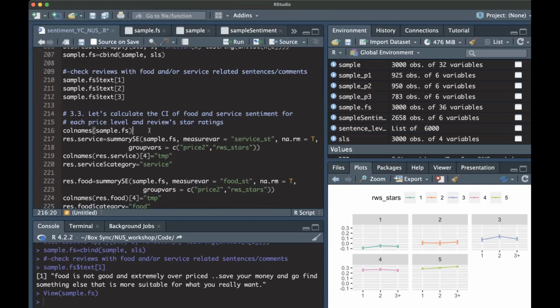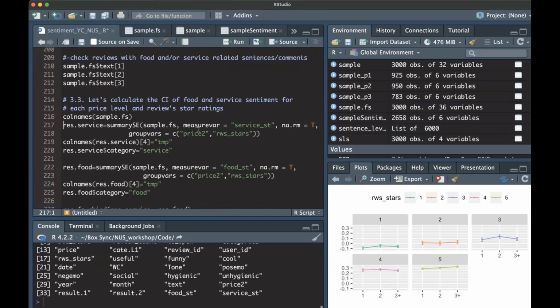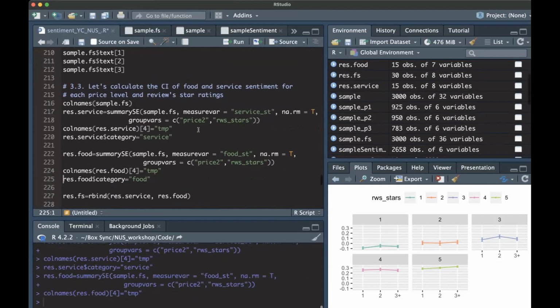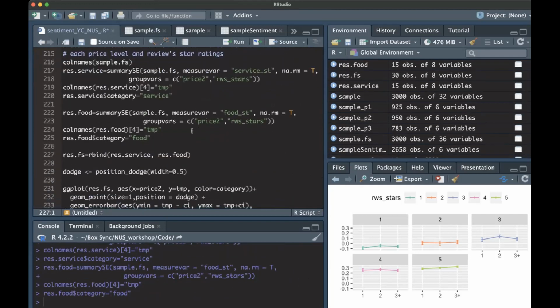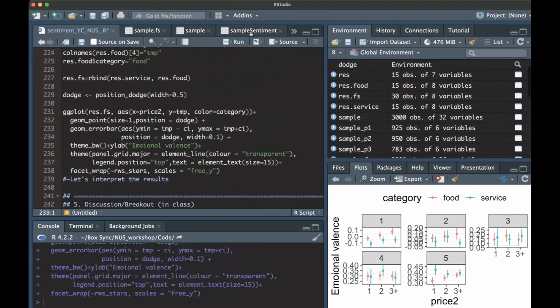Now, similarly, let's calculate the confidence interval of food and service sentiment for each price level and review star rating. And here, I just want to combine the food and service results together to give you an overall look at the results. Let me switch my screen to the general plot.